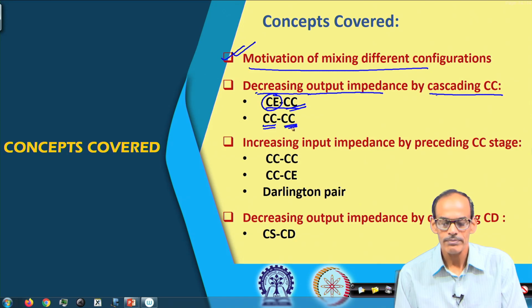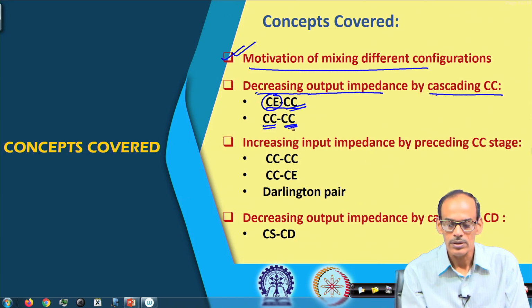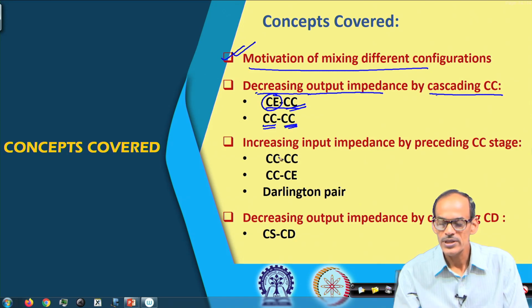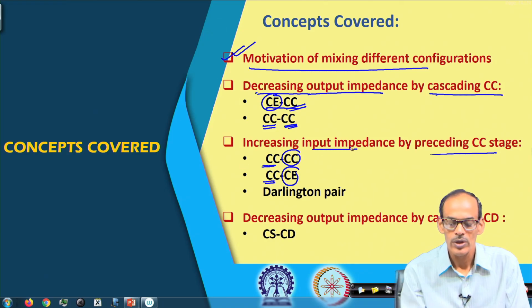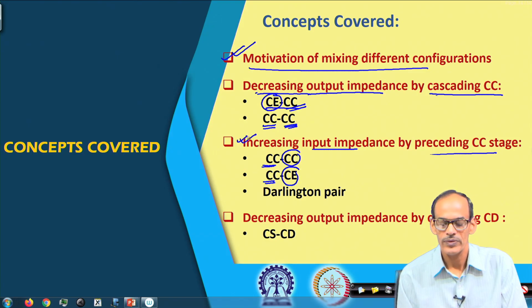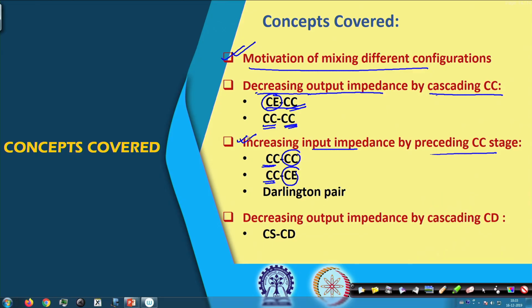Likewise, if we precede a common emitter or common collector stage by another common collector configuration, we can increase the input impedance. Conceptually, we can increase the input impedance of an existing amplifier by connecting one common collector stage at the input side.